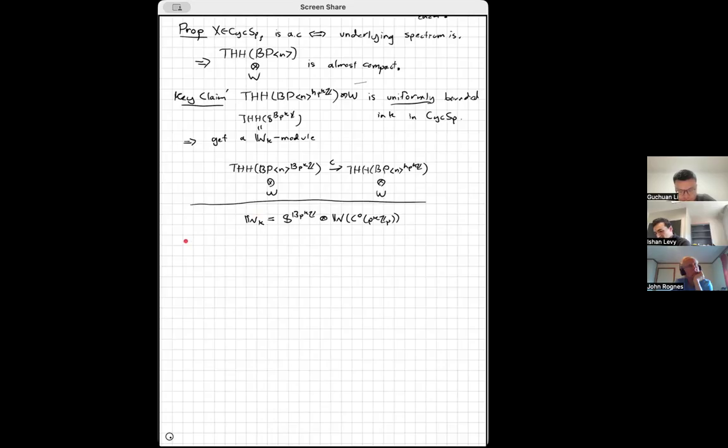And so here's a simple algebraic lemma about modules over this ring. It's about checking something's an equivalence.